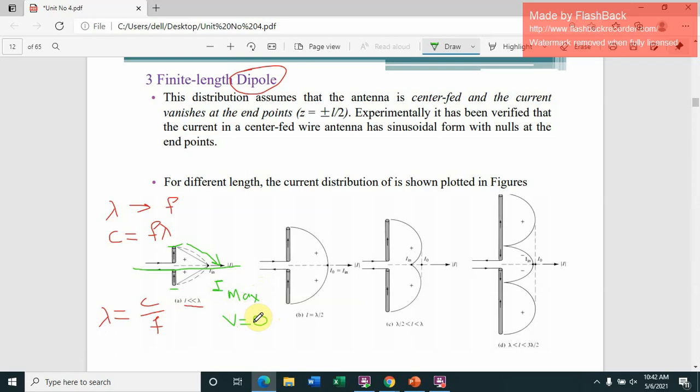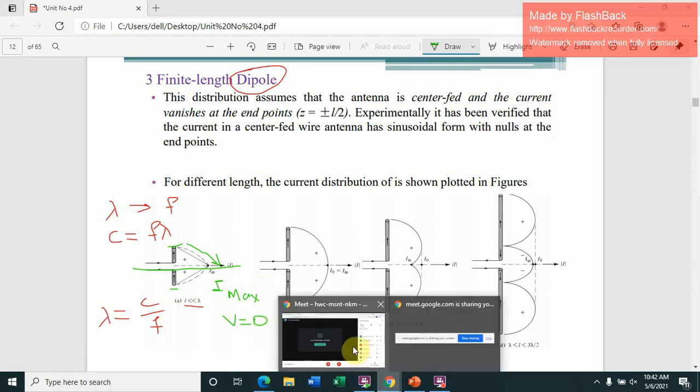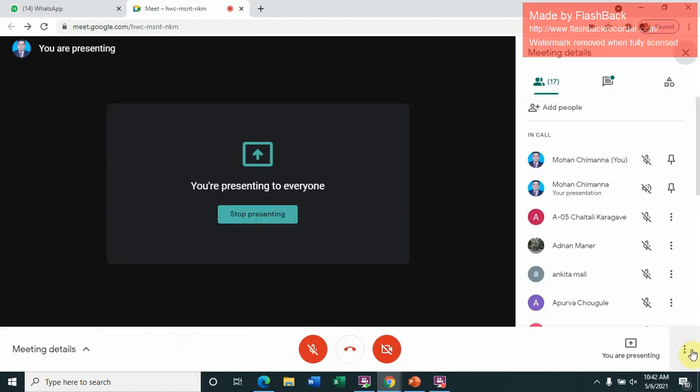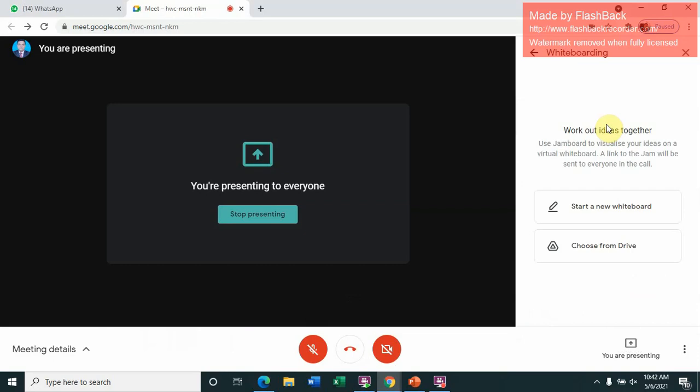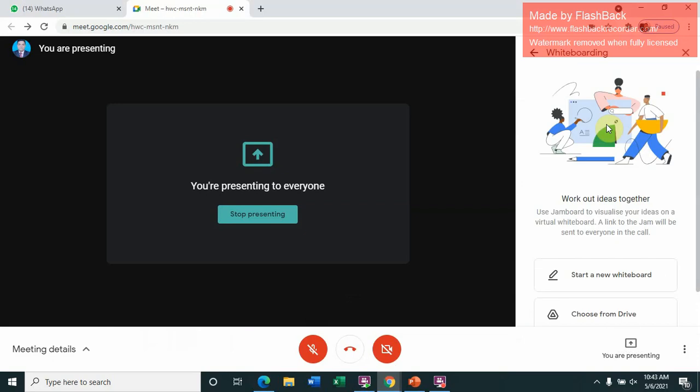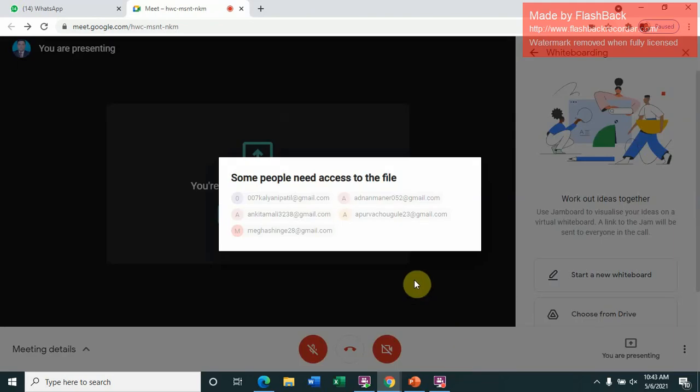For the question of how the wave is generated, we see here. I have to share the whiteboard with you. And for this case, what happens?